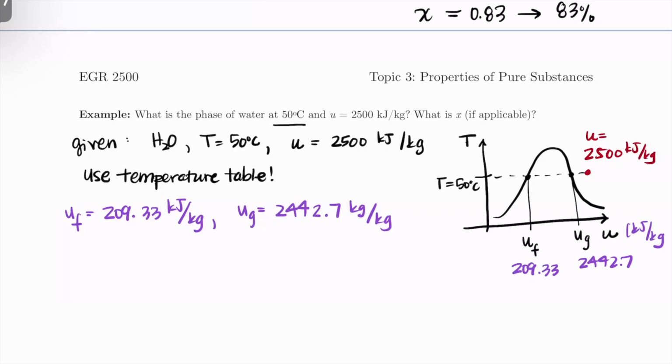So what does that mean about the phase? Yeah, so it's actually a superheated vapor. So once we're off of the line, it's a superheated vapor. So since U is greater than UG at T equals 50 degrees C, this is a superheated vapor.